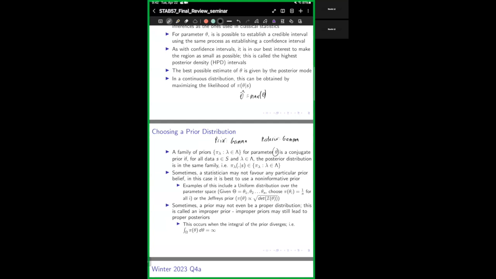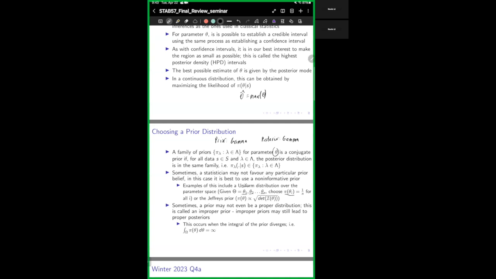For example, if we have a finite number of possible parameters, we choose pi theta i to be 1 over n, so every single one of these parameters is equally likely. This really only works if we have a finite number of possible parameters to choose from. So pi theta is distributed uniformly.